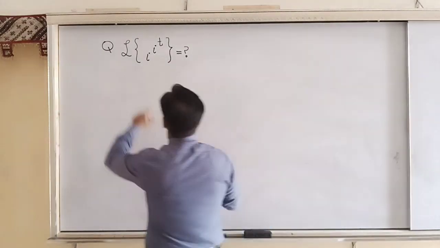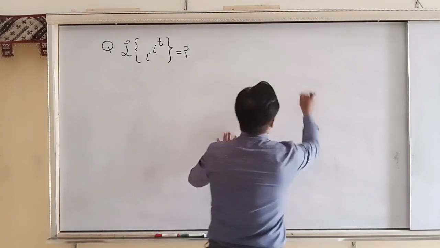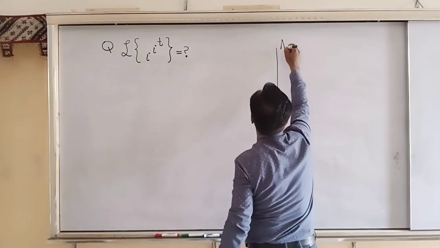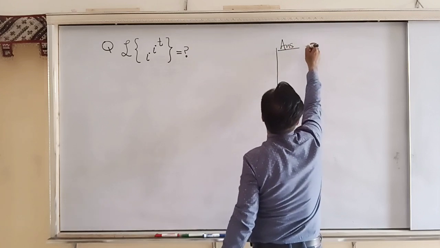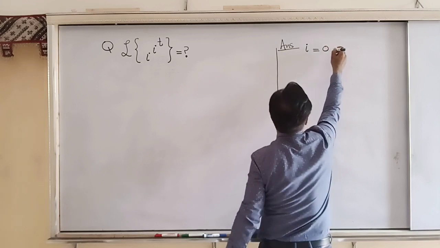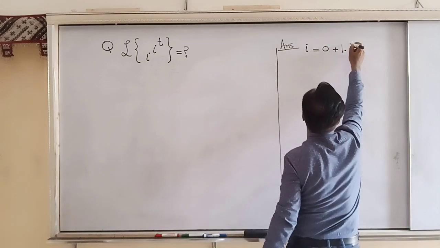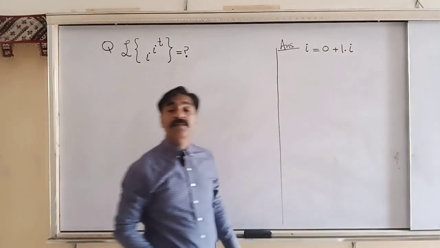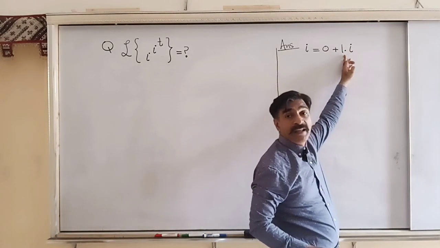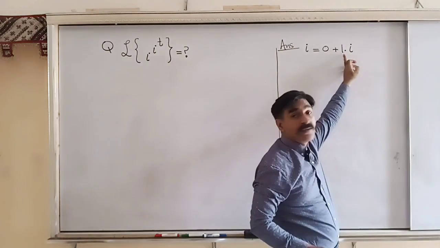Now you have got iota here, and let's check. Here is its answer. The iota can be written as 0 plus 1 into iota. This is the Cartesian form of the complex number, x plus iota y. x is 0 and y is 1.